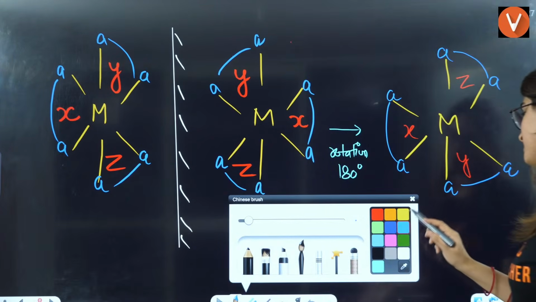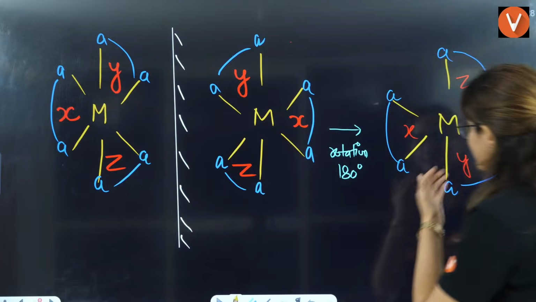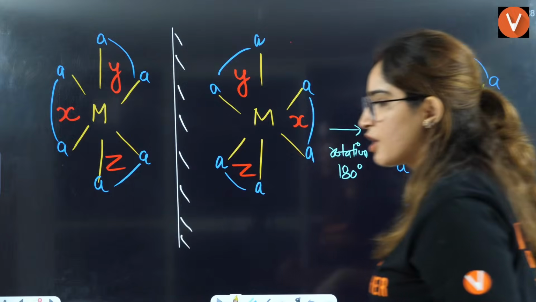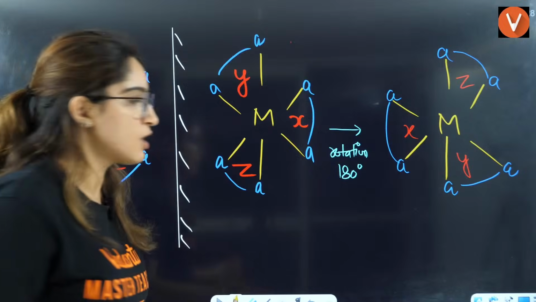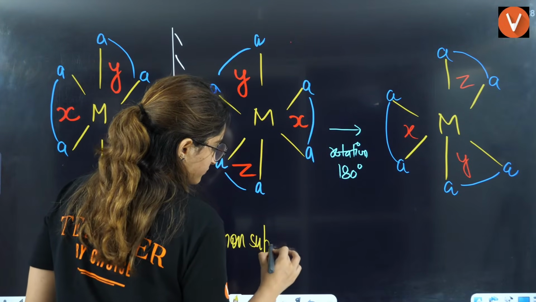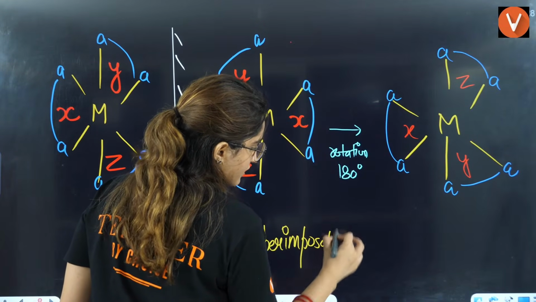How are they the same? The x's are not the same. Earlier this was on the x-axis, this on the y-axis, this on the y-axis, this on the z-axis. So even in 2D, you can see that this is not coming out to be the same. So they are non-superimposable mirror images.